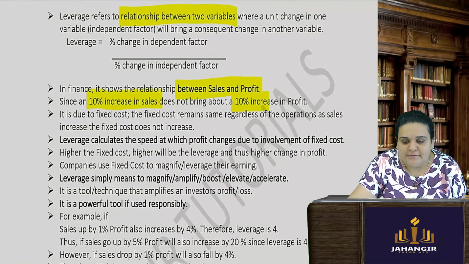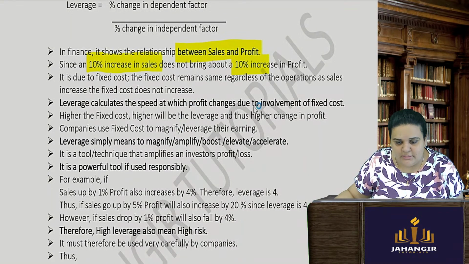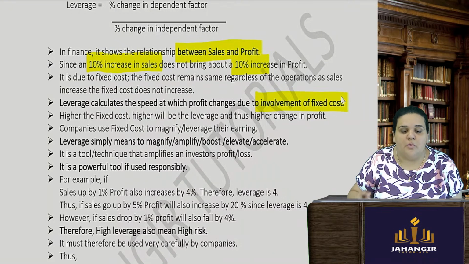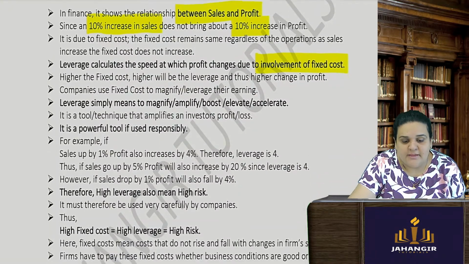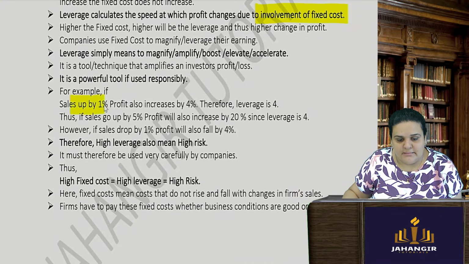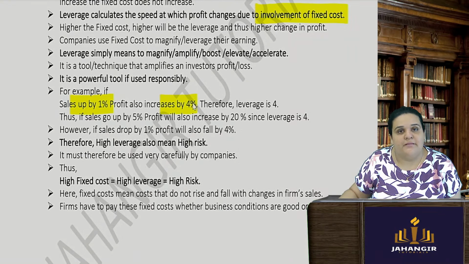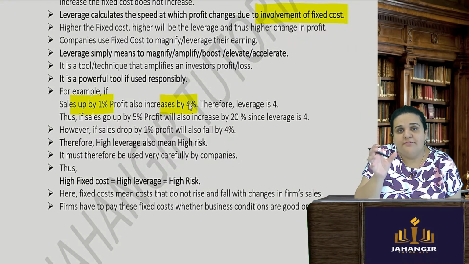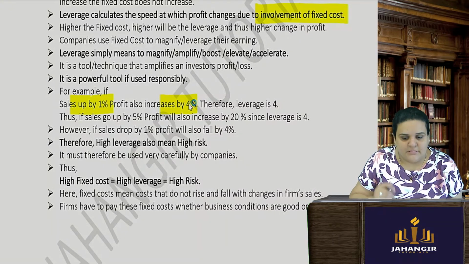So leverages calculates the speed at which the profit will change due to the involvement of certain fixed costs which we already have. For example, if sales is up by 1%, you will find that the profit has increased by 4% because of those fixed expenses which we put in our P&L income statement.